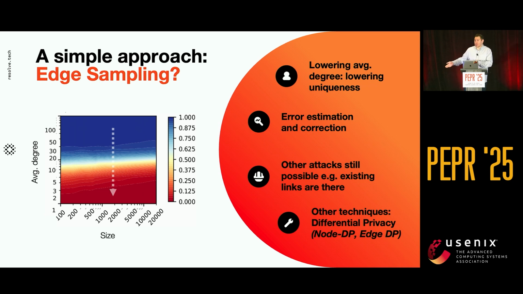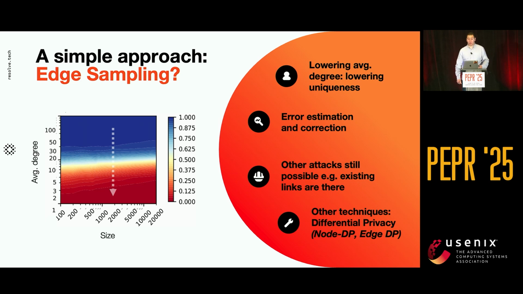For instance, you can reconstruct measures based on the structure, such as the average degree again, or the clustering coefficient, the number of triangles in a network. And you can estimate with the error if you also share the data and the sampling rate.